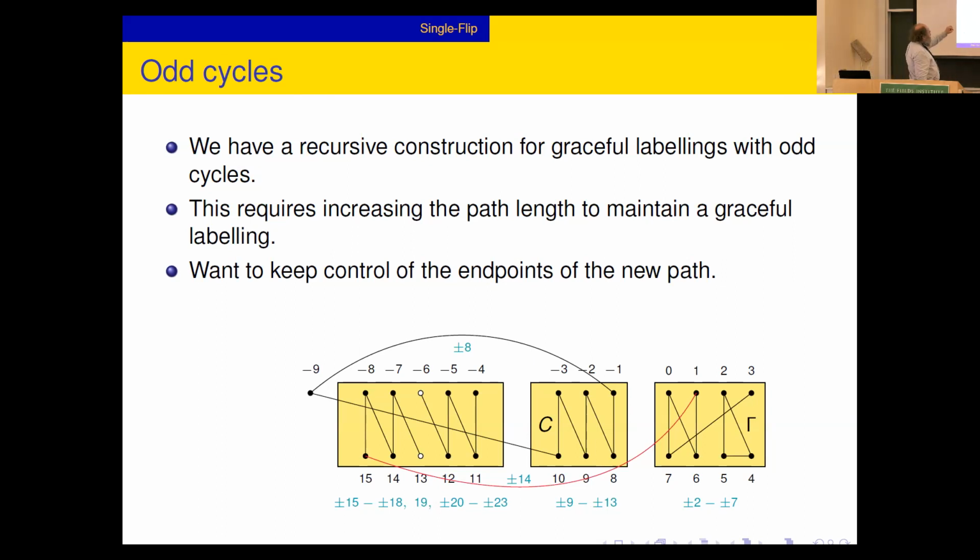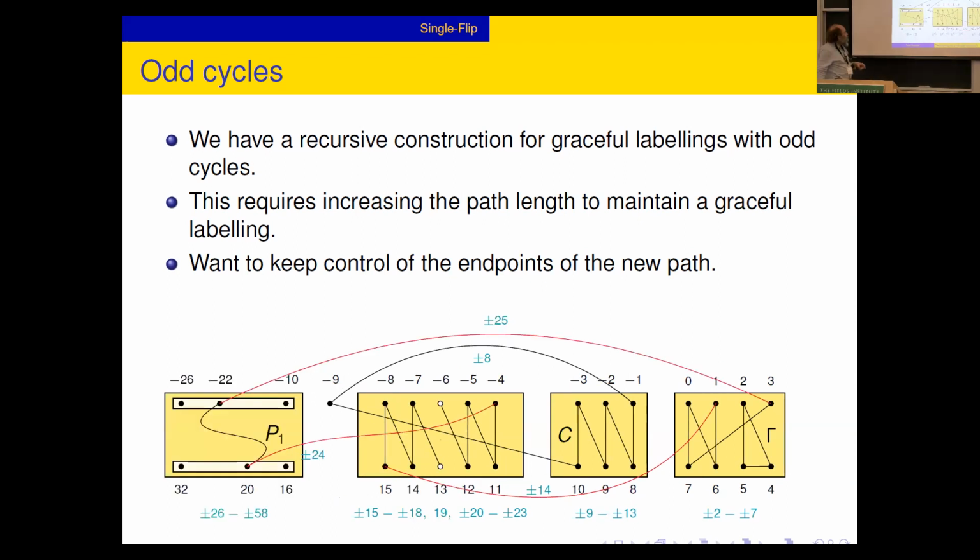But now I actually, again, I have 2 paths. So I need to join up these 2 paths, and this one, by the way, was handily enough, 14. Okay. And I do that by adding a big long path, which I've called P1, and I haven't explicitly said what it looks like, but I can label P1 in such a way that it's got -22, which gives me difference 25 when I join it up with the 3.